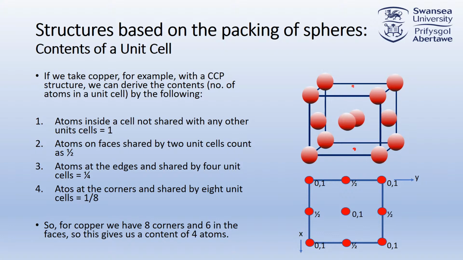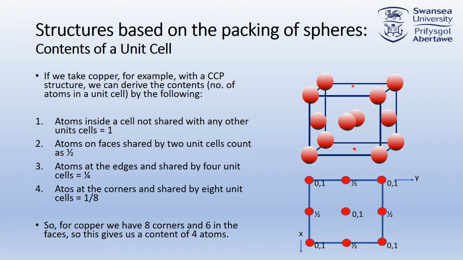Anyhow, so the atoms inside our cell not shared with any other unit cells equals 1. We don't have 1 sat in the middle. Atoms on faces shared by 2 unit cells count as half. We have 6, now that I've added these in as well, 6 that actually sit on those faces, counting as a half.